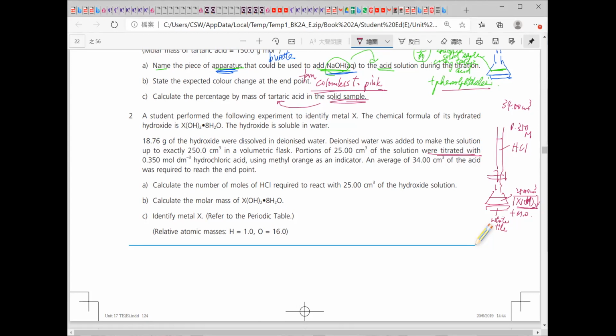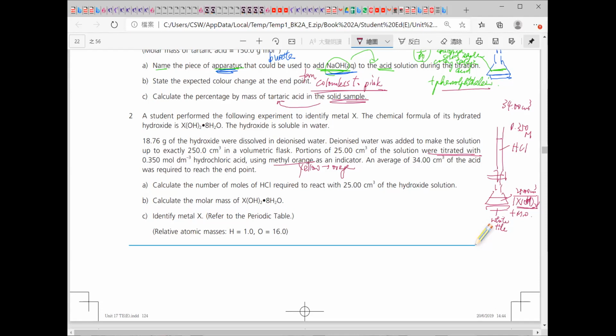So in the endpoint color change, the equivalence point pH is slightly acidic. So you stop at orange, which is enough. So the endpoint color change is yellow to orange, but not red to orange, okay? Now, if I put HCl at the bottom and alkaline on top, the answer will be red to orange. But in this case, it is yellow to orange.